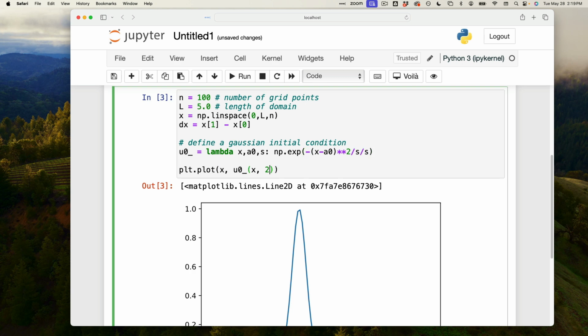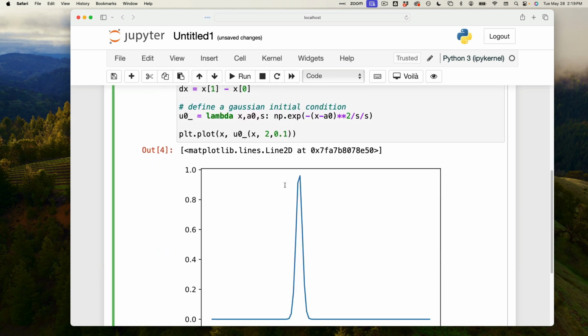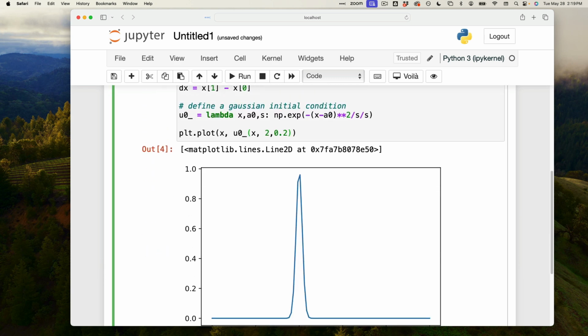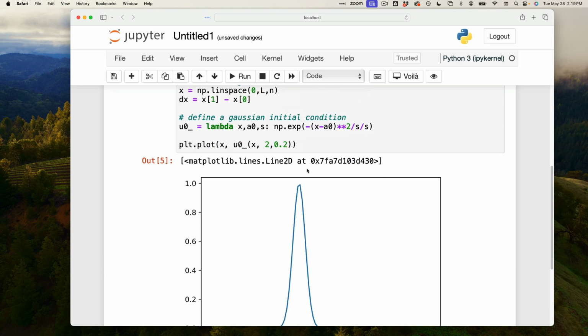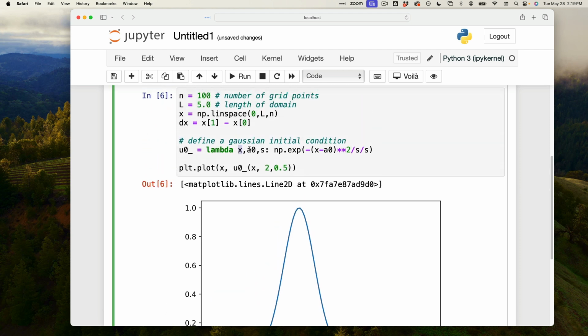And then you could say, okay, my standard deviation of 0.1 is going to be very narrow; 0.2 bigger, 0.5 bigger, okay? So notice how I added more arguments here. It's just a shorthand way of defining simple Python routines that you want to call over and over again, okay?